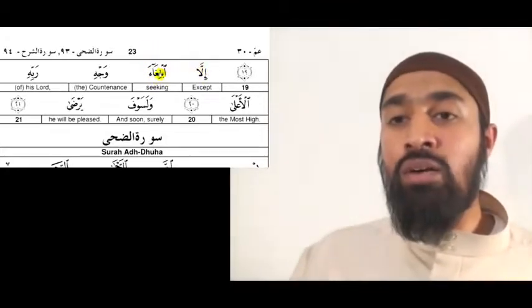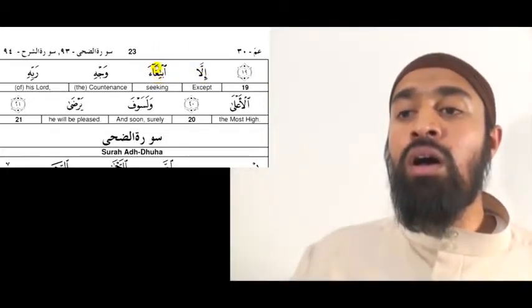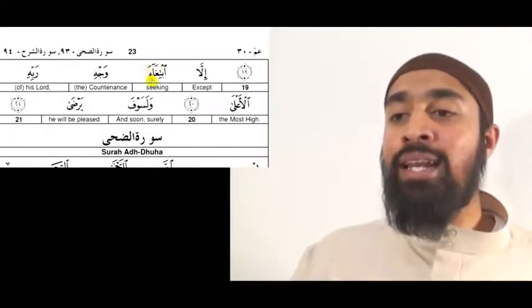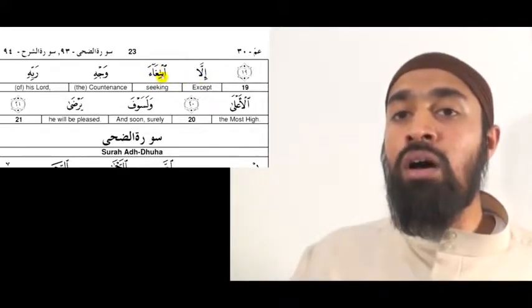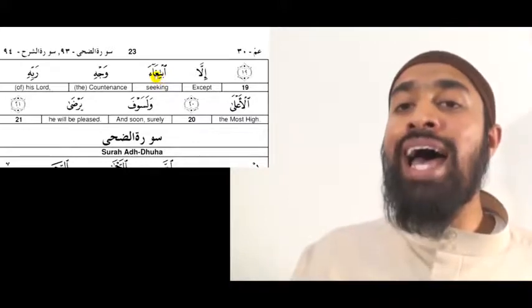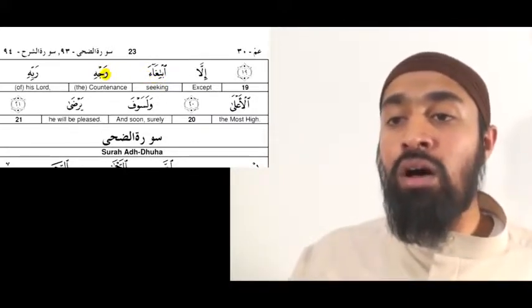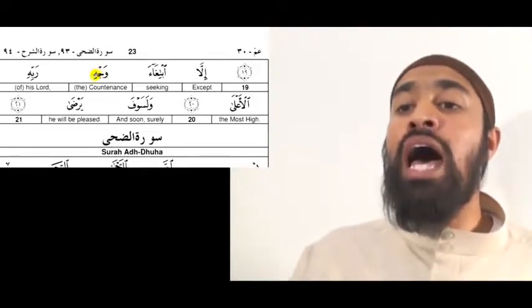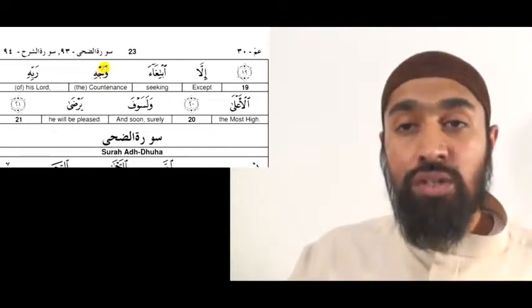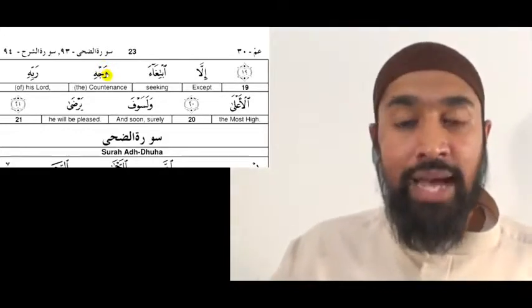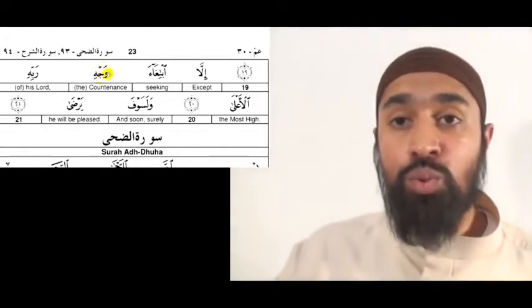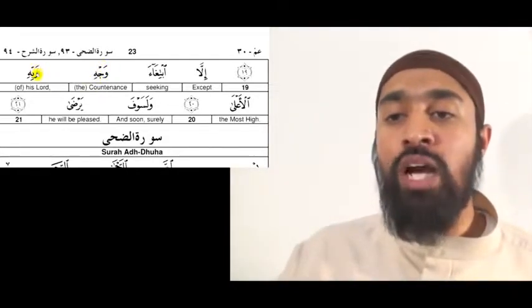Illa ibtigha'a wajhi. Qaf, ta, ba, jim, and dal. This is your jim. It has a sukoon. It's going to bounce. Rule number 1 of rhythm.